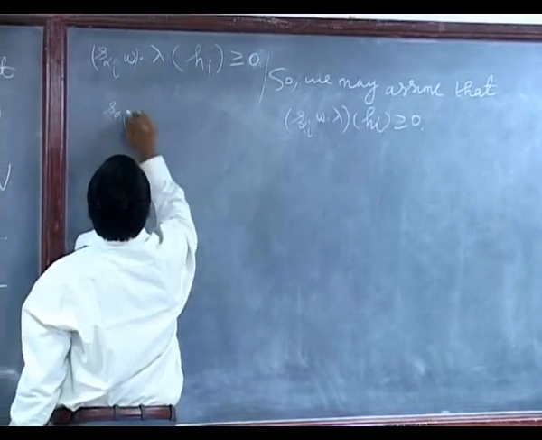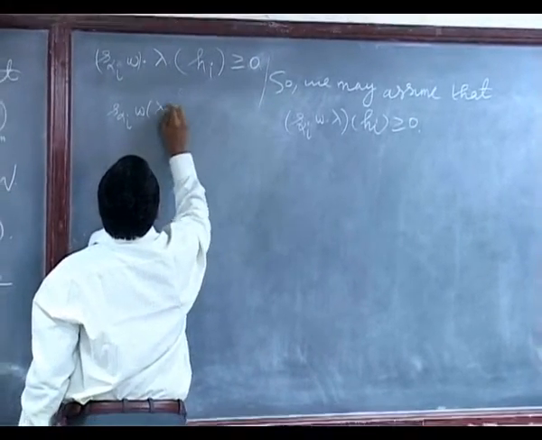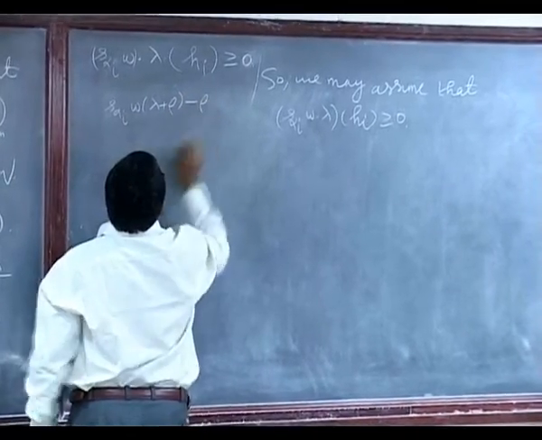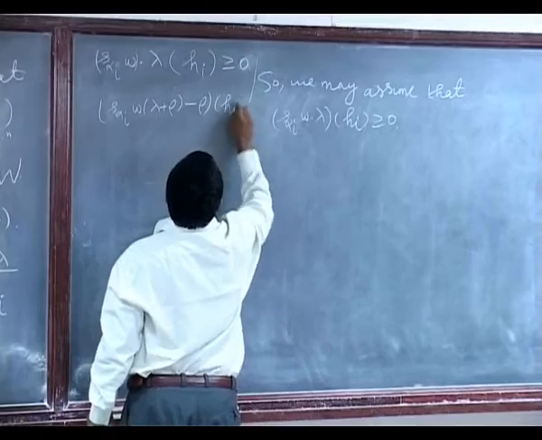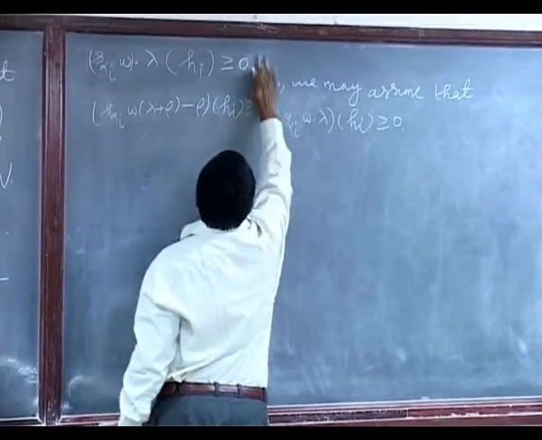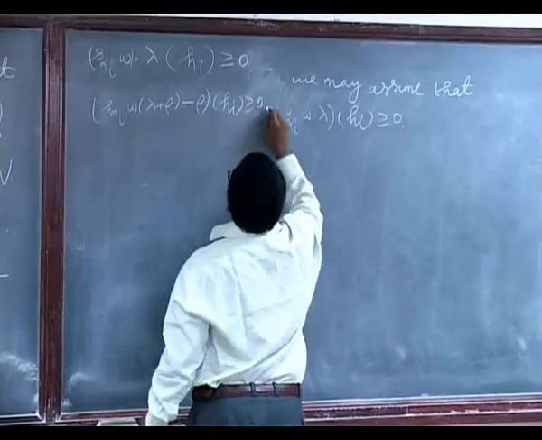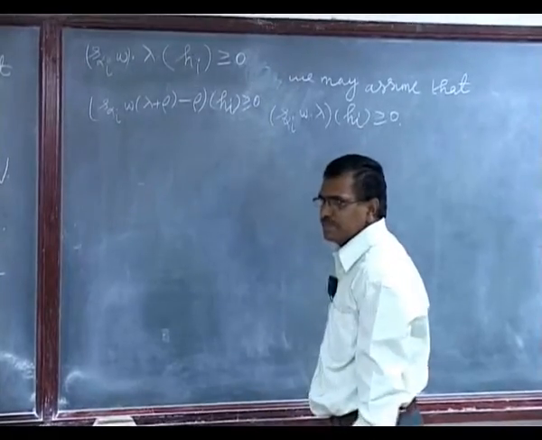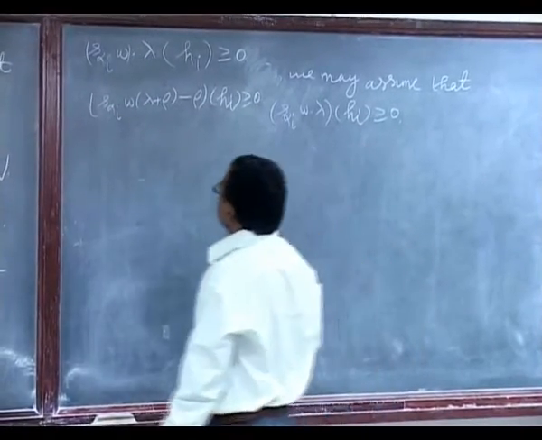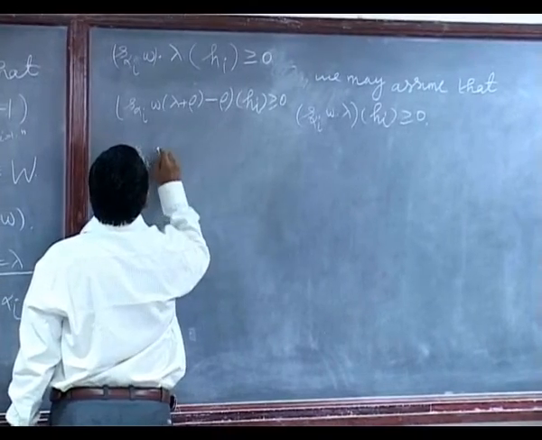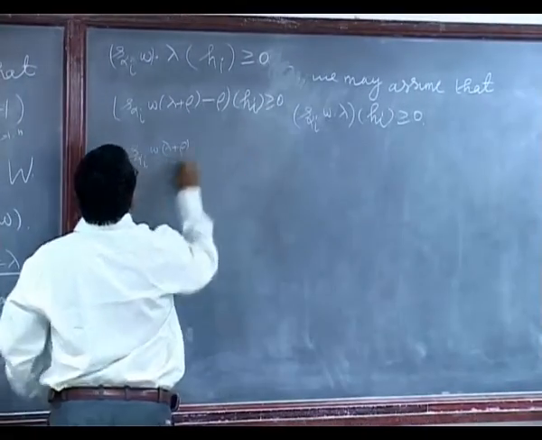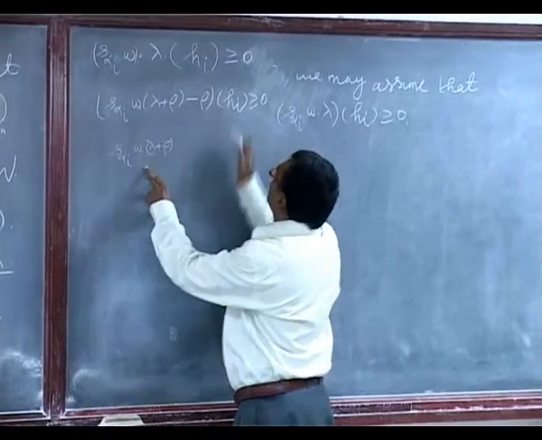This is s_alpha_i w of lambda plus rho minus rho, evaluated at h_i. What I am saying is that s_alpha_i w of lambda plus rho is a dominant weight, so this is only bigger or equal to minus 1.